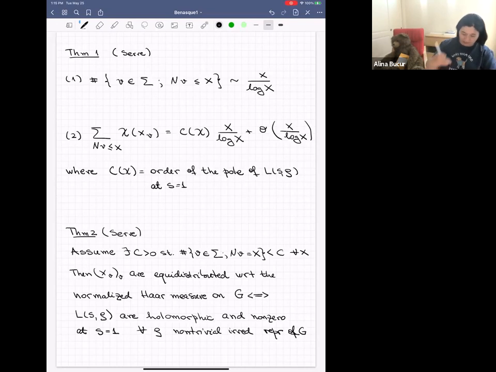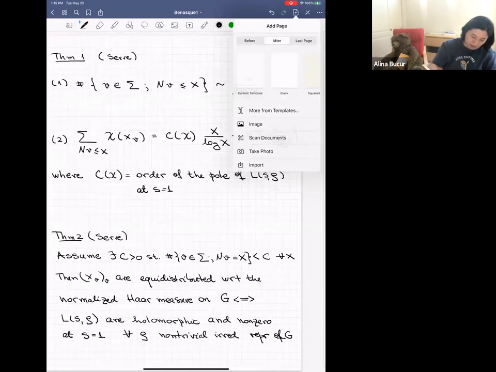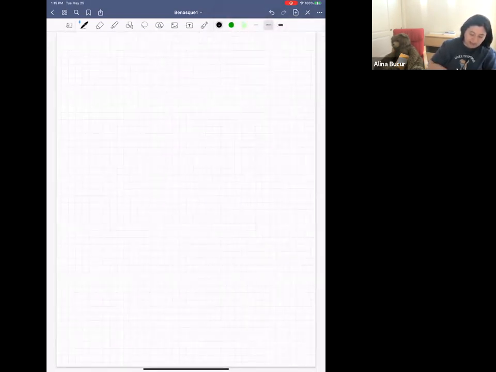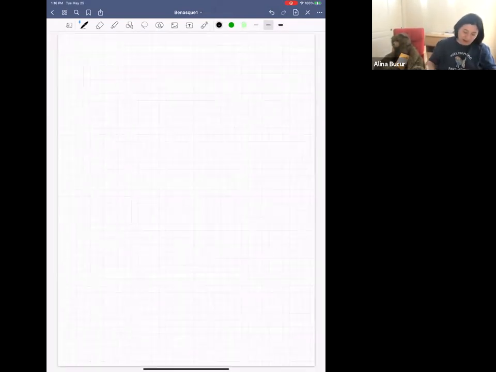Okay, so this is the theorem, and I should say maybe a word about the way he proves this. It is the way we prove any sort of equidistribution and any sort of asymptotic theorem to this day, and the way you have seen it done for the prime number theorem and so on: you have your L function, and basically you are taking L prime over L times x to the s ds.